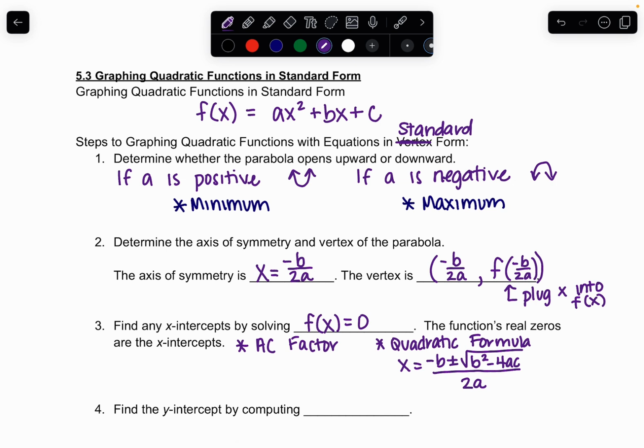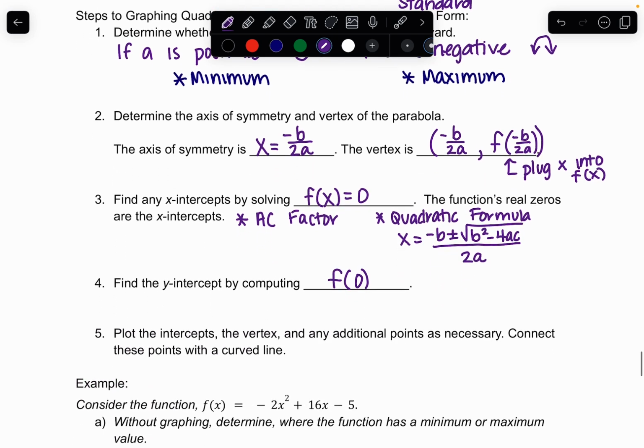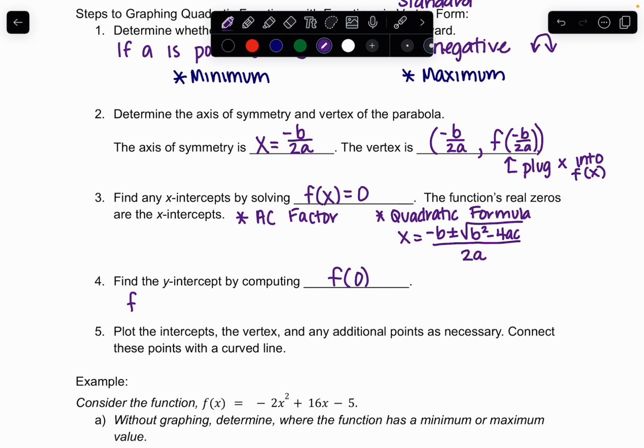And then our y-intercept, we're going to find f of 0. Now the nice thing about this is when we find f of 0, we would have a times 0 squared plus b times 0 plus c. But if we simplify this expression, 0 squared times a is still 0, so that cancels.